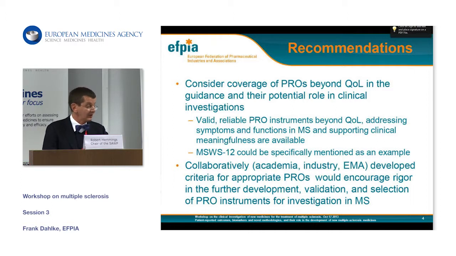And we also see the shortcomings in that field, and that is why we also call for collaborative efforts from all sides concerned, industry, academia, and regulators, to develop criteria for appropriate PROs, which in turn would then help other people to develop these instruments in the right direction, and thus give more coverage.